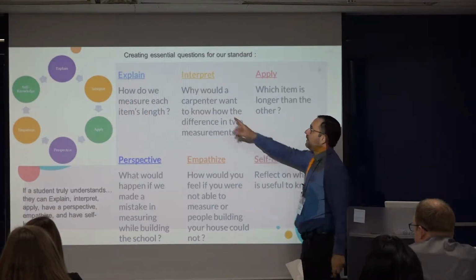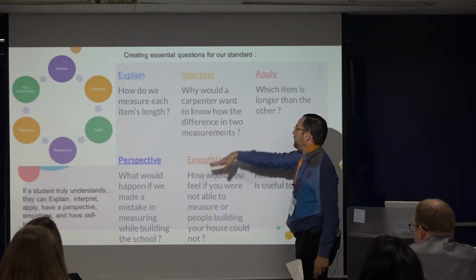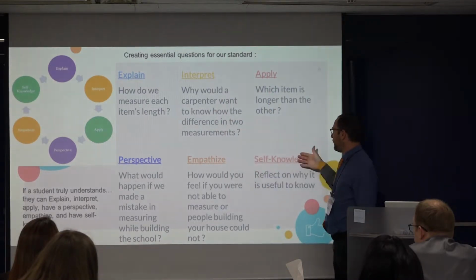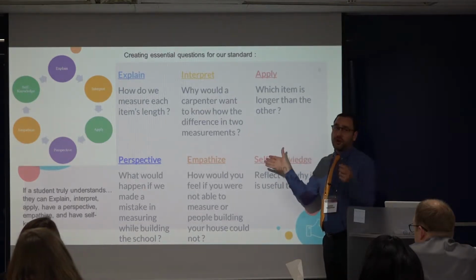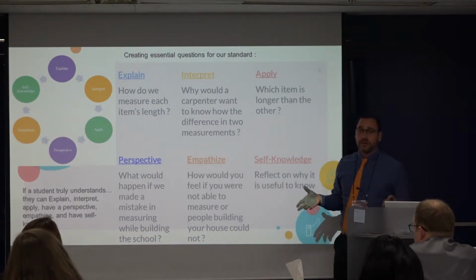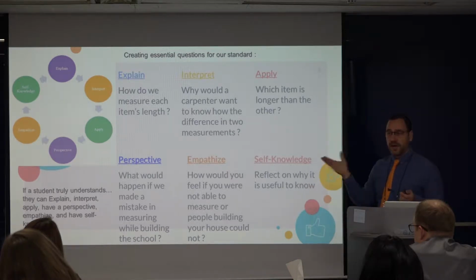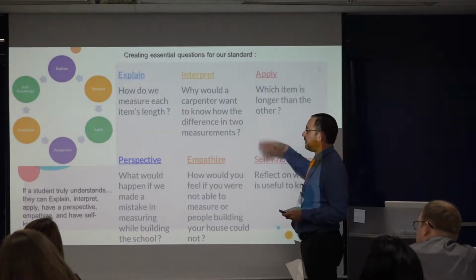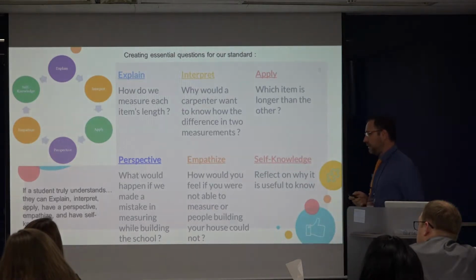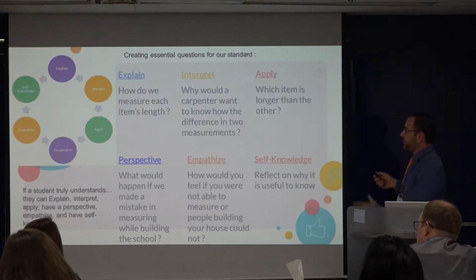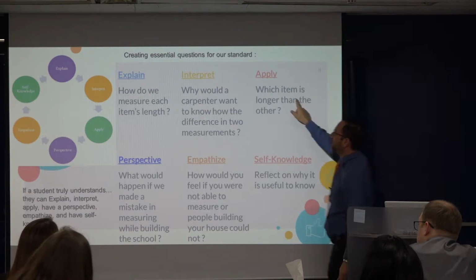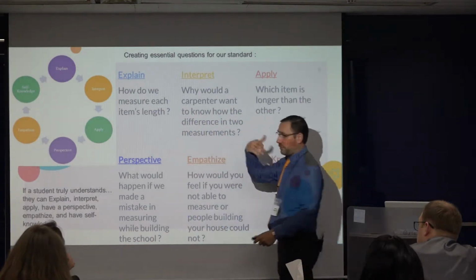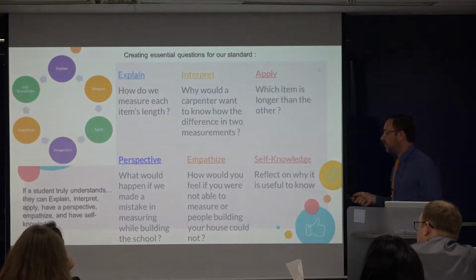If a kid can explain it, interpret it, apply it, have a perspective, have another person's perspective, empathize with it, and have self-knowledge, and they can do all these, then essentially they have understood the standard. They know it. They've got it. And you can actually base your assessments on these skills. So I take the standard and write a question for each one of these based on the standard, and then I can go further and build my lesson plan based on this.